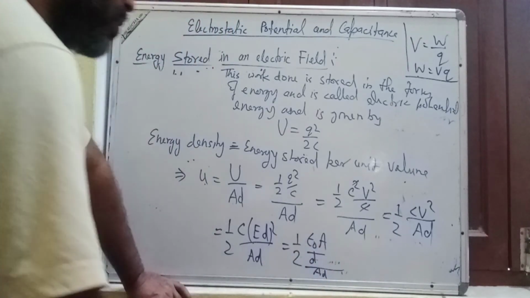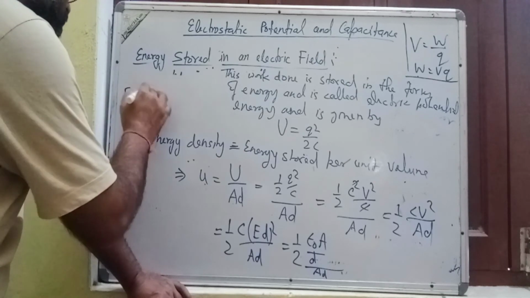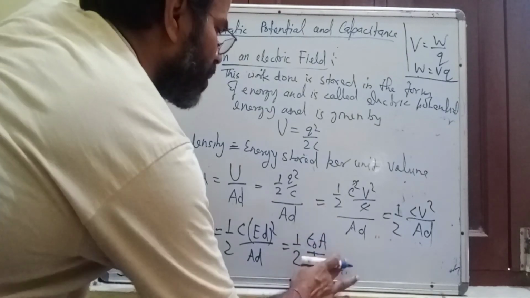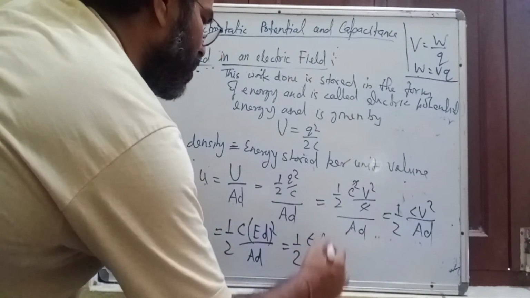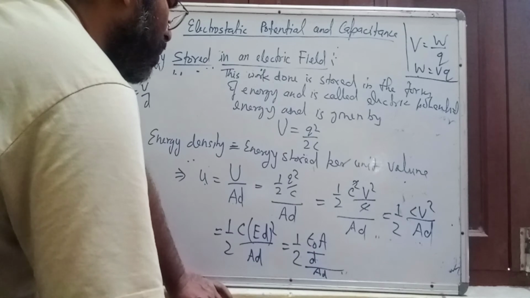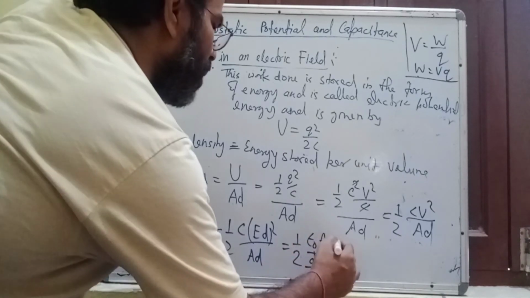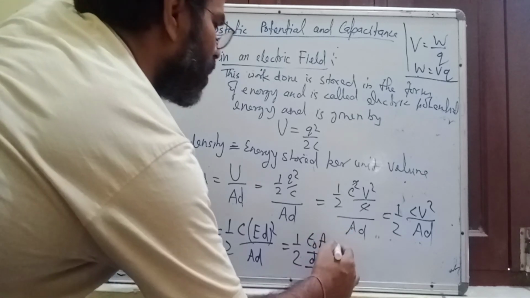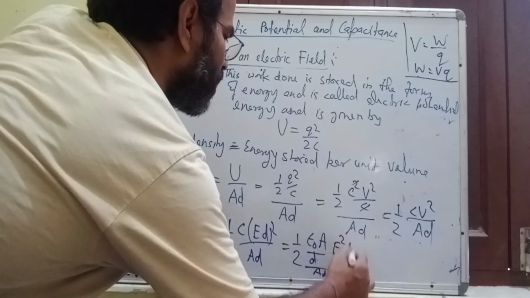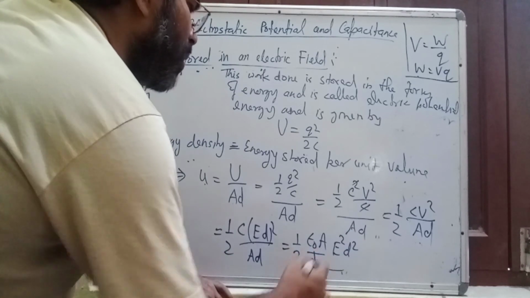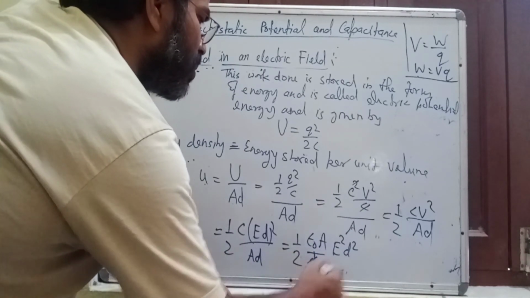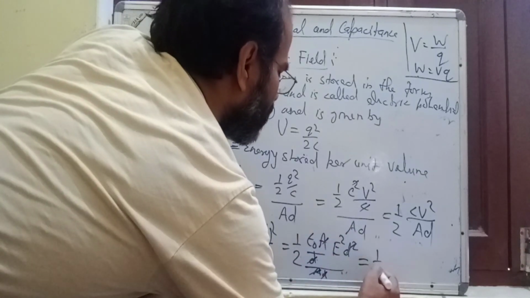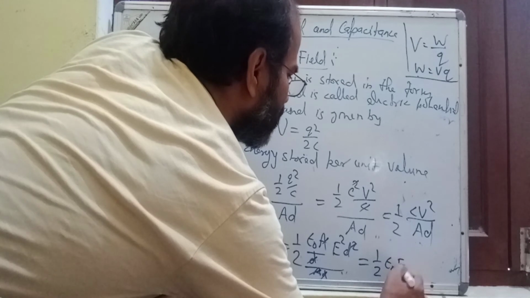We have E squared d squared. Then d squared cancels out, capital A also cancels out, and we get the result half epsilon naught E squared.